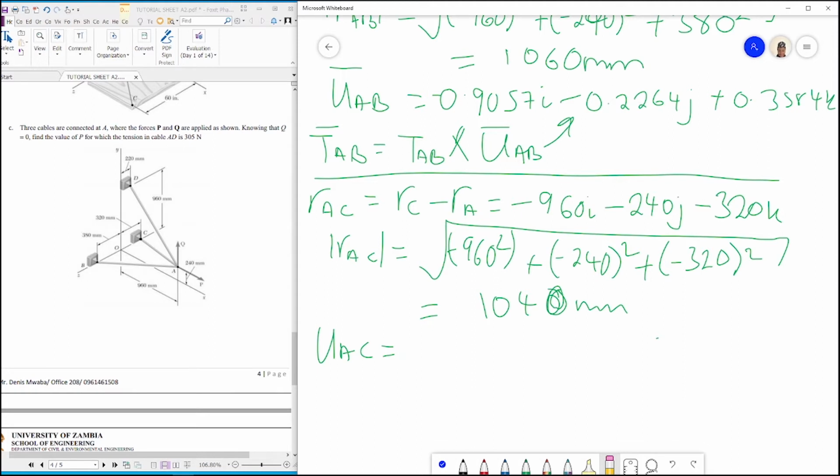So it will be 960 divided by 1040, which is minus 0.92308 I, and then minus 240 divided by that, 0.23077 J, minus 0.30769 K. Okay, that's our unit vector. Awesome, very awesome.